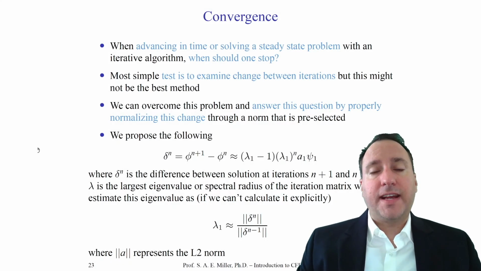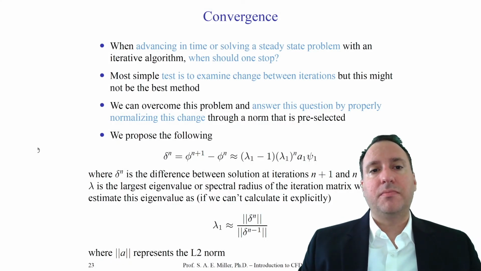Now, when advancing in time or solving a steady problem with an iterative algorithm, you might ask, when should I stop? I can monitor the residual, as you'll see in your CFD solvers, but how do I know when to stop? Well, the easiest way is to examine the change of the solution between iterations. This may not be the best method, but it's one technique.